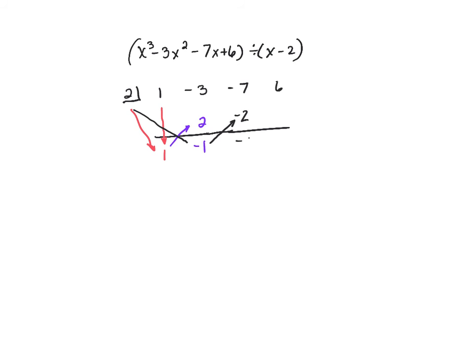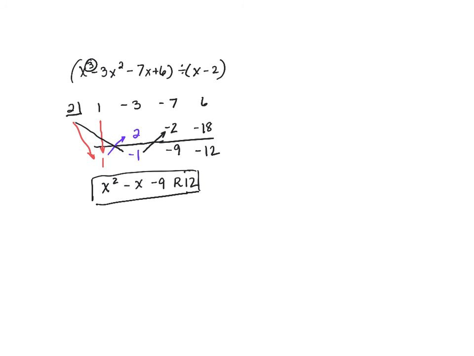We add, that's -9. 2 times -9 is -18. Add those up, -12. We were at x cubed, so now we're at 1x squared minus 1x minus 9 with a remainder of -12. And so we've just carried out that division.